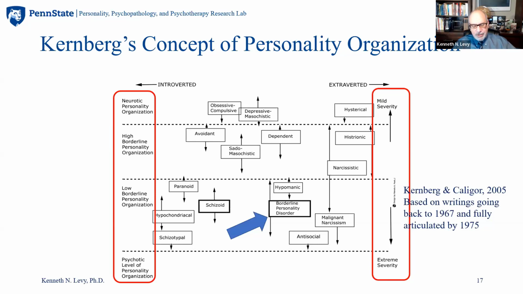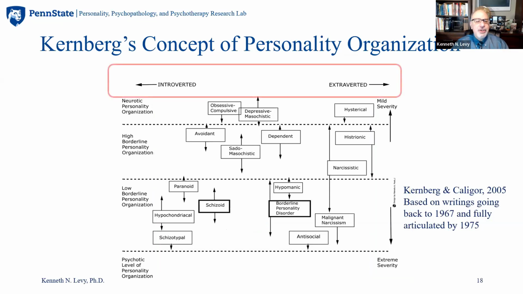You may know the 5 factors as neuroticism, extroversion, openness to experience, agreeableness, and conscientiousness, sometimes also called the FFM model or the NEO. The top loading factors are neuroticism, extroversion, and openness to experience. And interestingly, Kernberg's model actually captures that too.